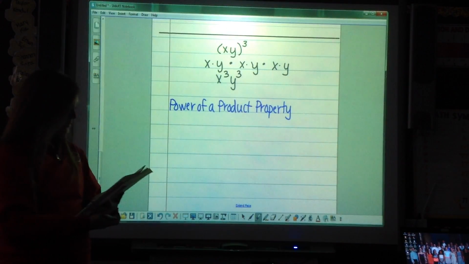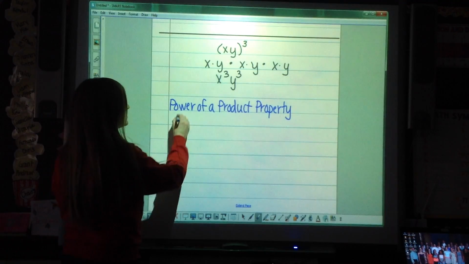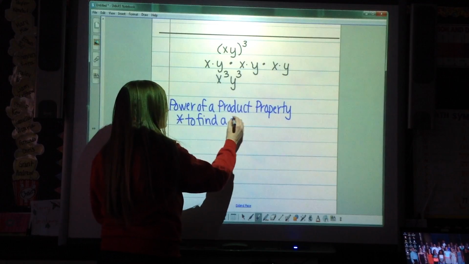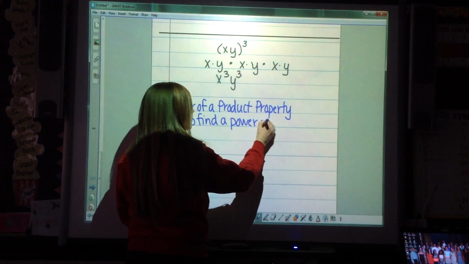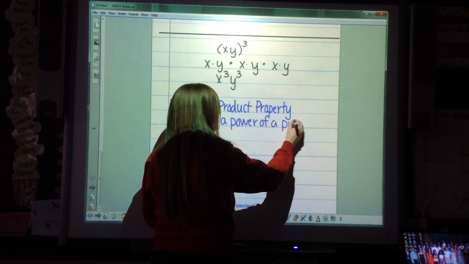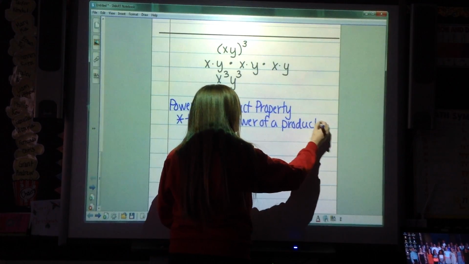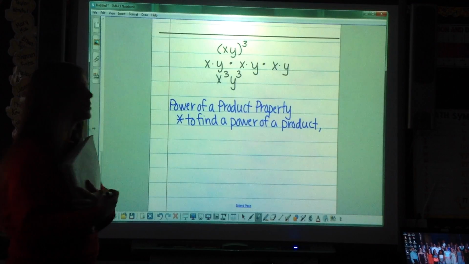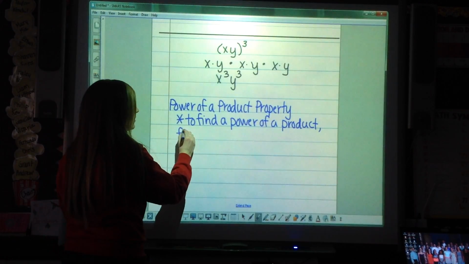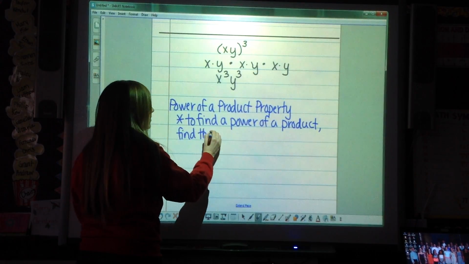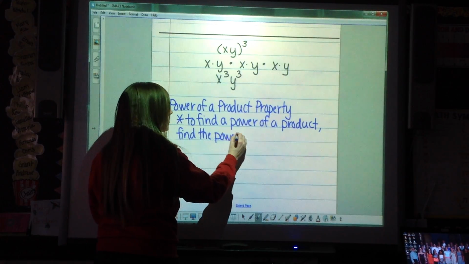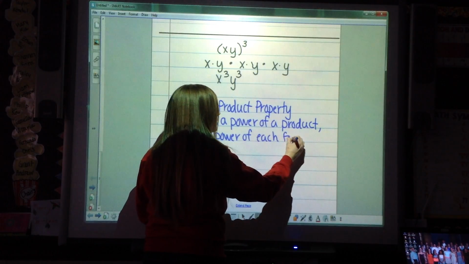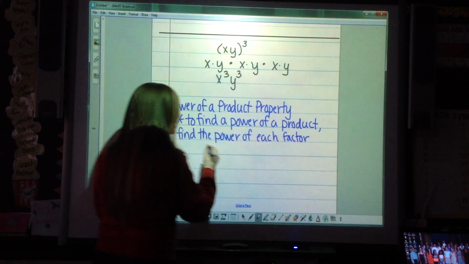And it says, to find the power of a product, find the power of each factor and multiply.